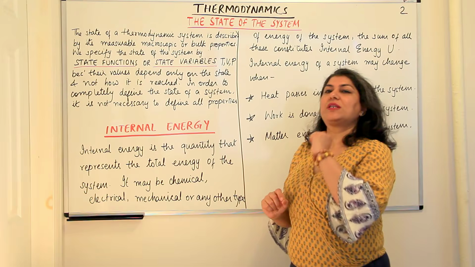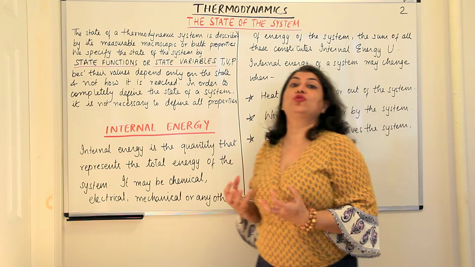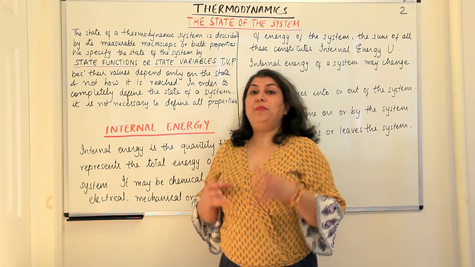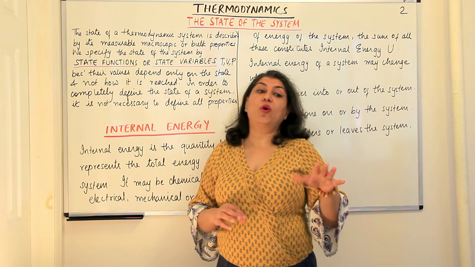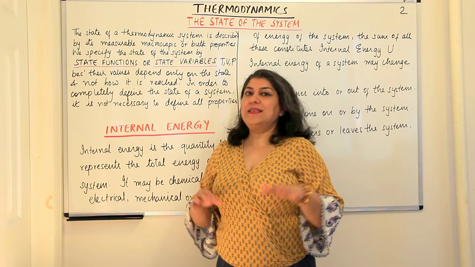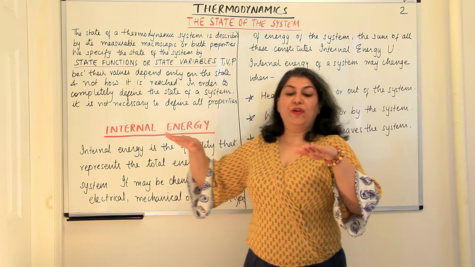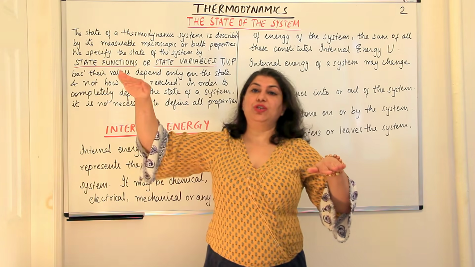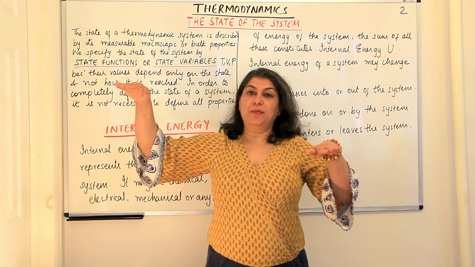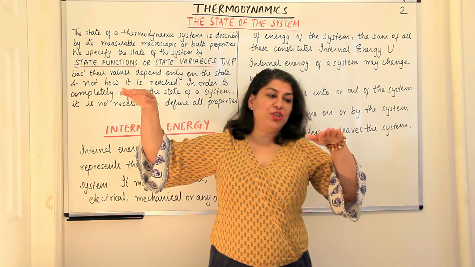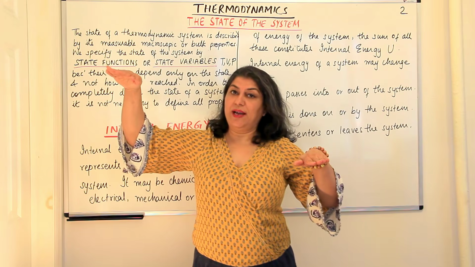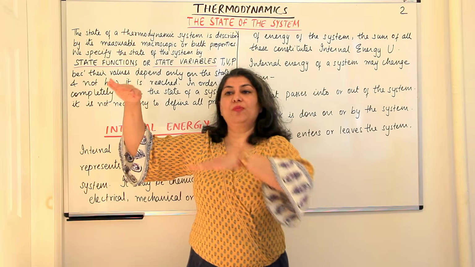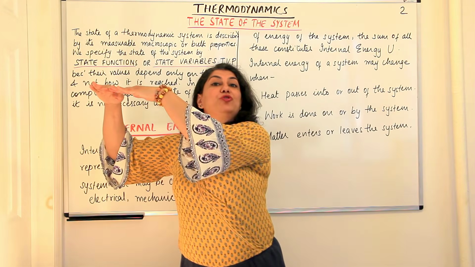Now what is so important about these state variables? How do you choose those bulk properties which would be the state variables or state functions? They are the properties which do not depend on the path of the reaction. For example, you have a substance and you're raising its temperature from T1 to T2. It does not matter whether you took the temperature directly from T1 to the higher temperature T2, or you went from T1 to a lower temperature T0, then brought it up to T3, and then to T2.